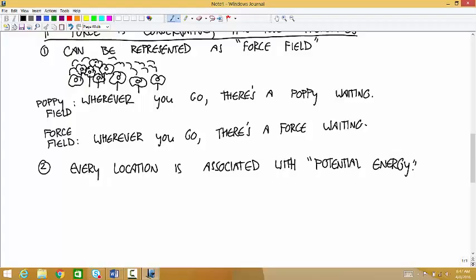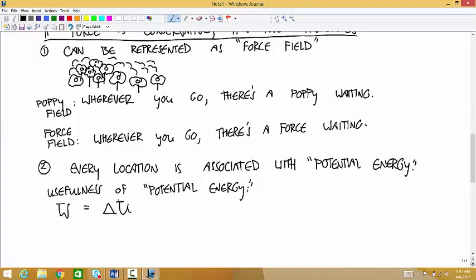And then the work done. So here's the reason for the usefulness of the potential energy idea: the work done by a conservative force is equal to the negative change in potential energy.